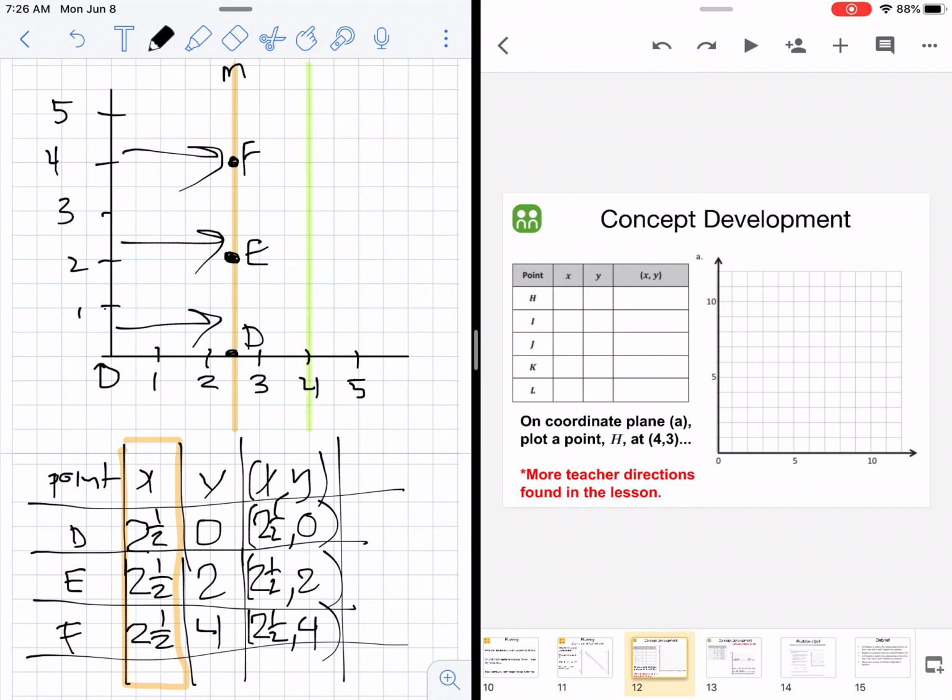We're going to name this N. So our N line is also perpendicular to the x-axis, but the distance from the origin is more than 2 1/2. It is 4 from the y-axis. So the distance is 4 from our y-axis.